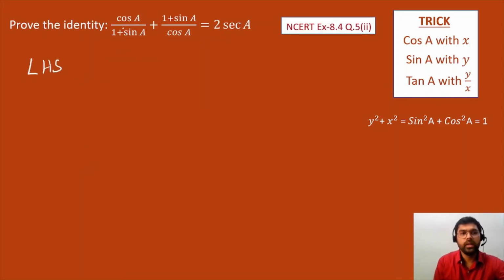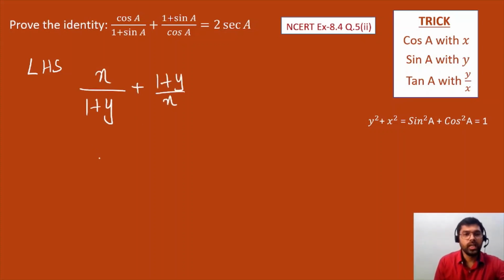Take the left hand side, replace cos a with x, sin a with y. So x upon 1 plus y plus 1 plus y upon x. Take the LCM, do the crosswise multiplication. What will get? x square plus in the bracket 1 plus y whole square, and in the denominator 1 plus y multiply by x. Okay.